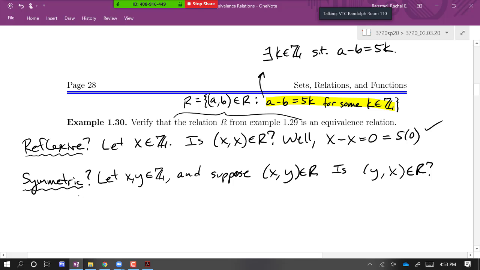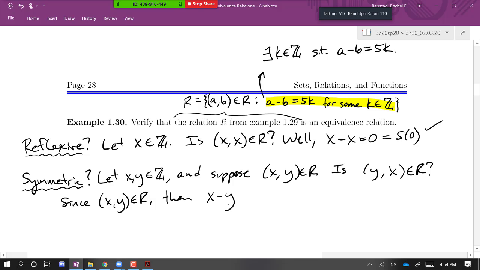So what we have to go on is that x is related to y. Let's write that. Since x is related to y, that means that if I subtract them, x minus y, I must get a multiple of 5.